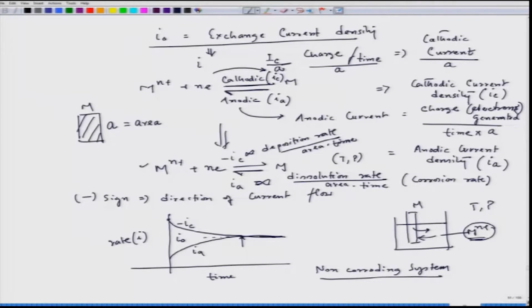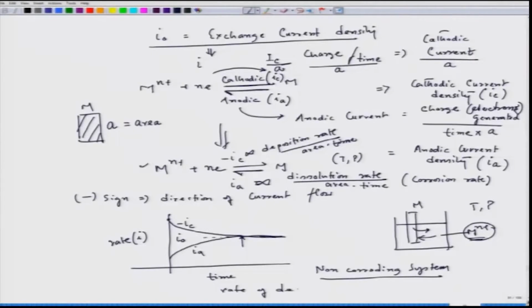Both are happening at the same rate. Whatever metal is dissolving, that amount is going back and depositing on the metal surface. That is called a non-corroding system, and at that time the rate of deposition, or IC with a minus sign, because I am considering it opposite to the anodic current flow, is equal to the rate of dissolution, which is IA.